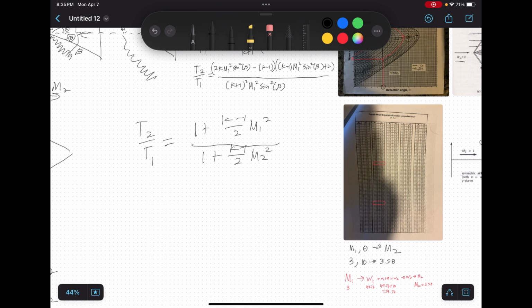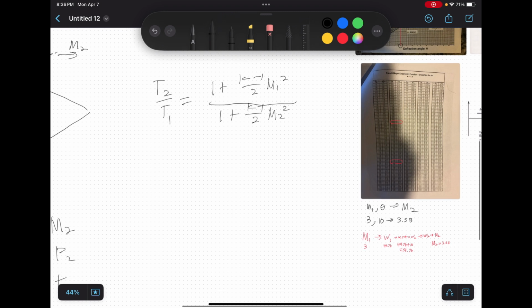That's it. It looks a little ugly, but that's okay. Okay, and then pressure.